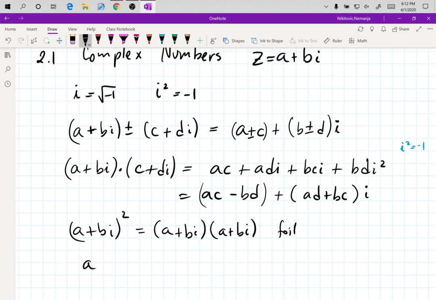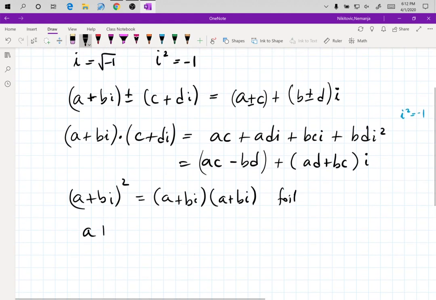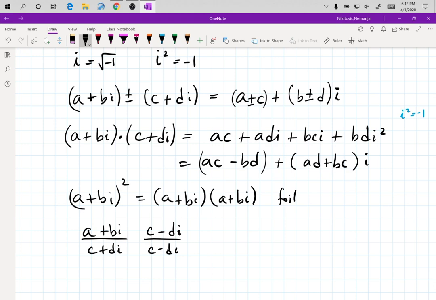And finally, if you're dividing two complex numbers, you would multiply by the complex conjugate, and you have, right, two multiplications to deal with. So I'll just put FOIL on top, and in denominator you have c squared plus d squared. That's always the case because the middle terms will always cancel.